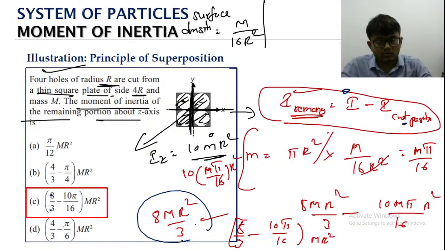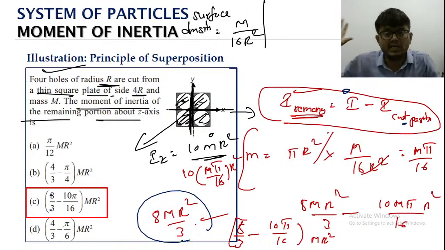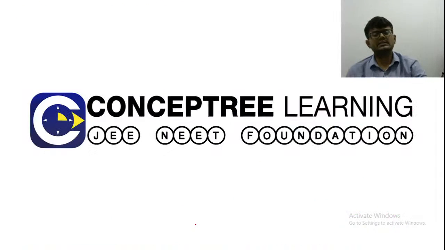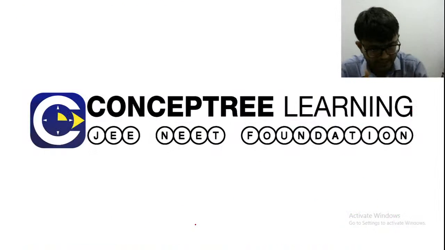Because they are removed, the moment of inertia of the remaining portion is the original sheet's moment of inertia minus the moment of inertia of the cut portions. These are the kind of questions we need to be prepared for, the applications of the principle of superposition. Okay, we will see in the next class.